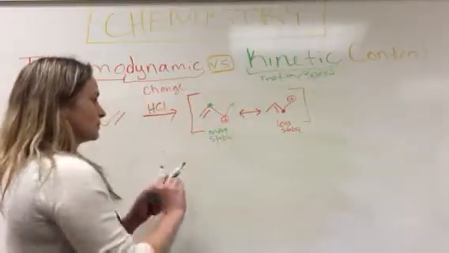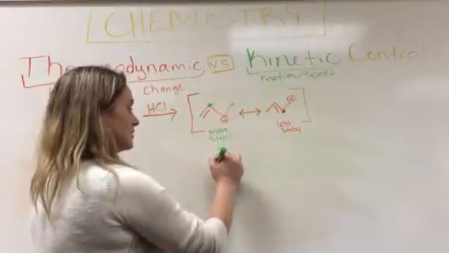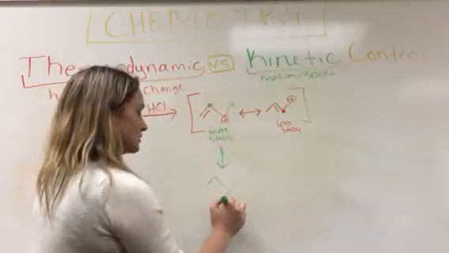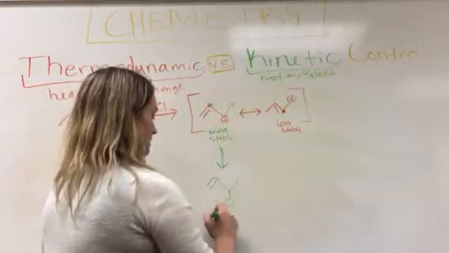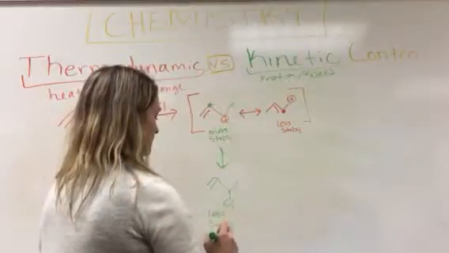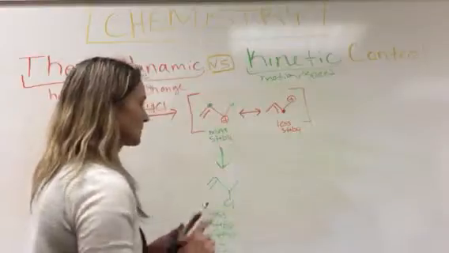So if this reaction were to continue with this carbocation, you would end up forming the kinetic product with the chlorine right here. And that is less stable. And it's also called the 1,2 product.